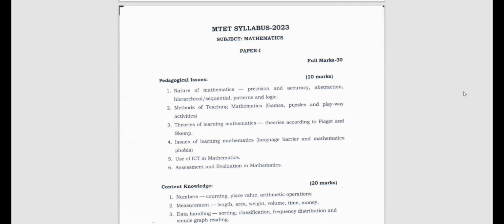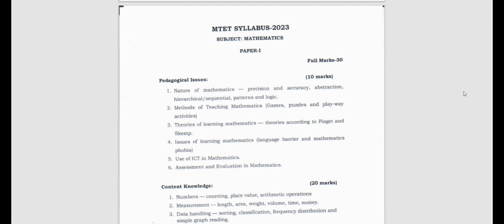Some of you were asking me like, sir, whether Mtet exam will be there or not this year. So of course there should be. If the government is ready, if the government wants the immediate recruitment, if they do not delay, we shall have Mtet examination every year. So this is what I believe, right?